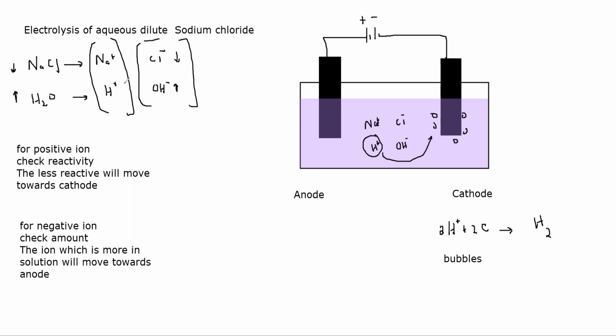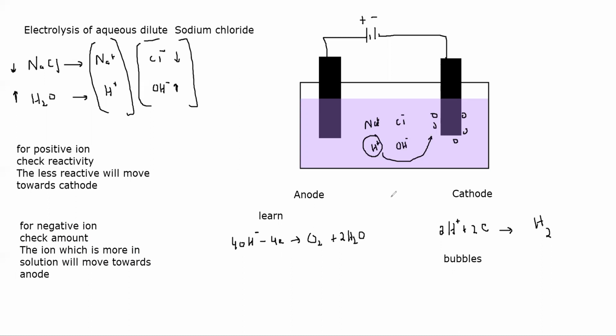And for hydroxide ion, you have to learn or memorize the equation. Whenever hydroxide ions are there, when 4 hydroxide ions move there, they will give oxygen and 2 water molecules. 1 hydroxide ion will lose 1 electron, so 4 hydroxide ions will lose 4 electrons, and it will give oxygen and 2 water molecules.